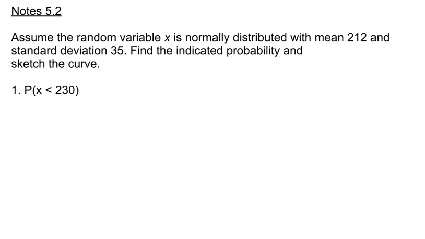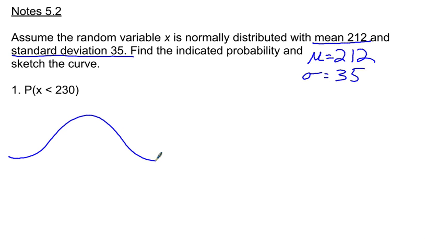So here in the first 4 examples, the mean is 212 and the standard deviation is 35. We're going to find the probability that x is less than 230.